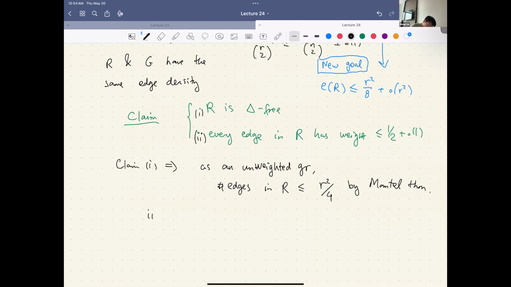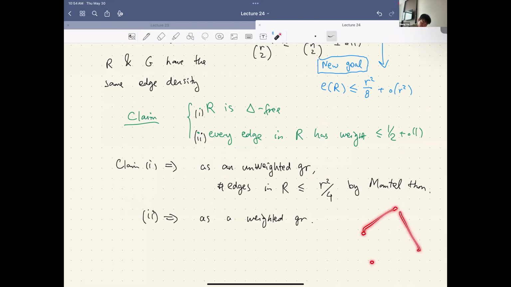Claim 2, the second part, implies now as a weighted graph, this is your R, right? It's triangle free. So the number of pairs that form an edge is at most this much. Now each edge, the weight is no more than 1/2.